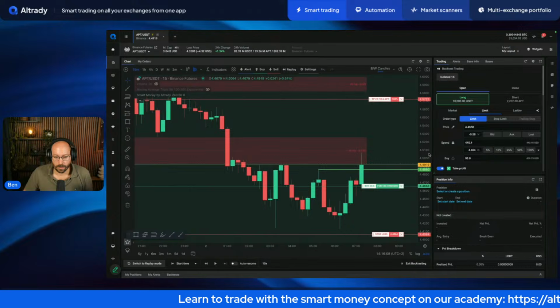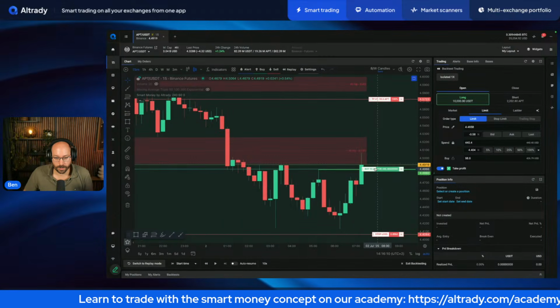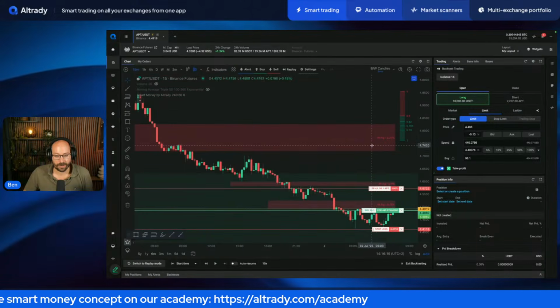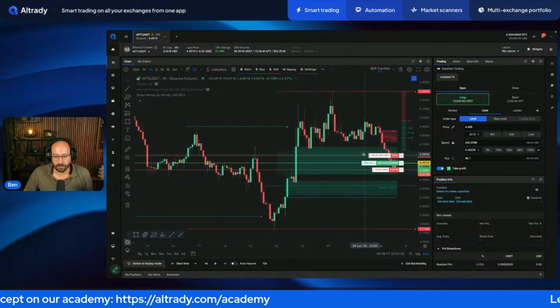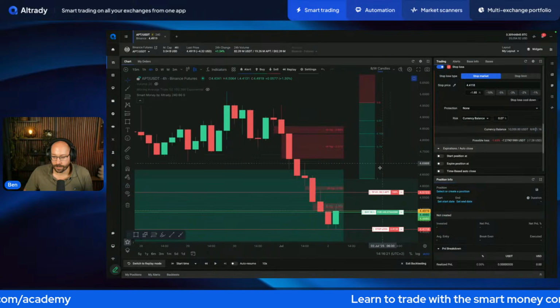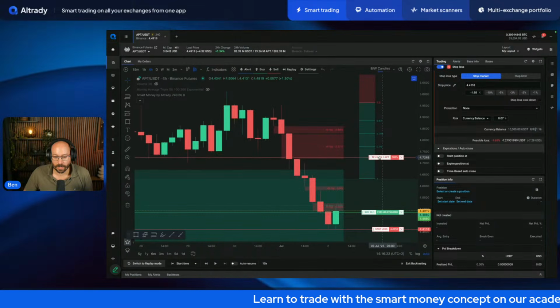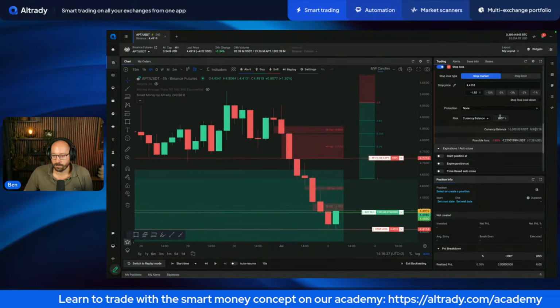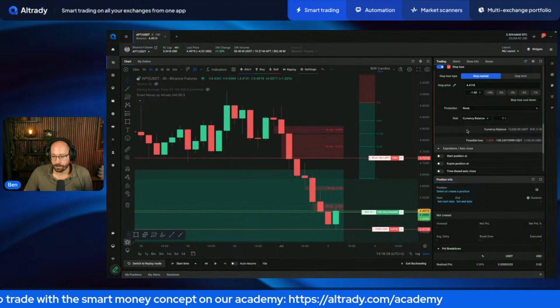But the correct way to do this is to go here, and then we go to the 4 hour, and we look for our risk reward ratio right here, and we look. That's a 3, and then we can change our risk.